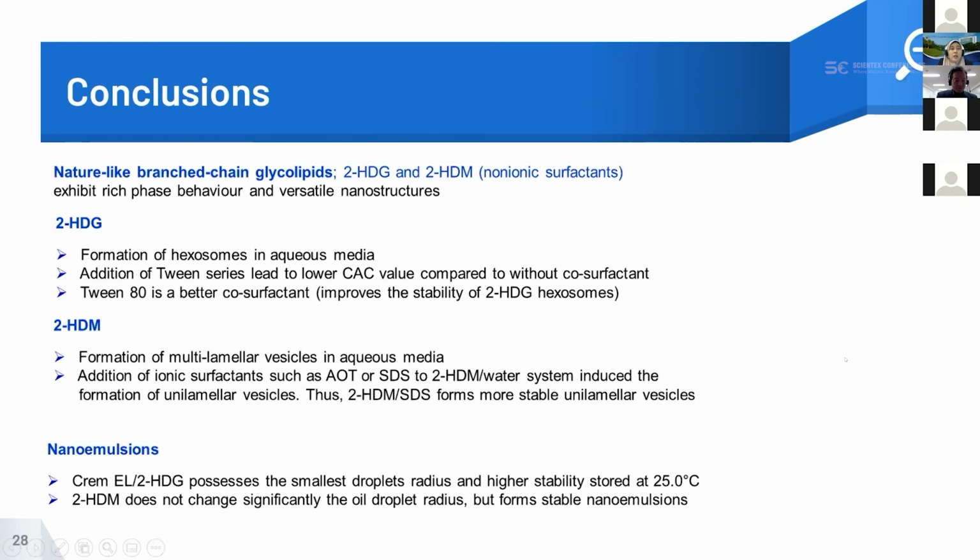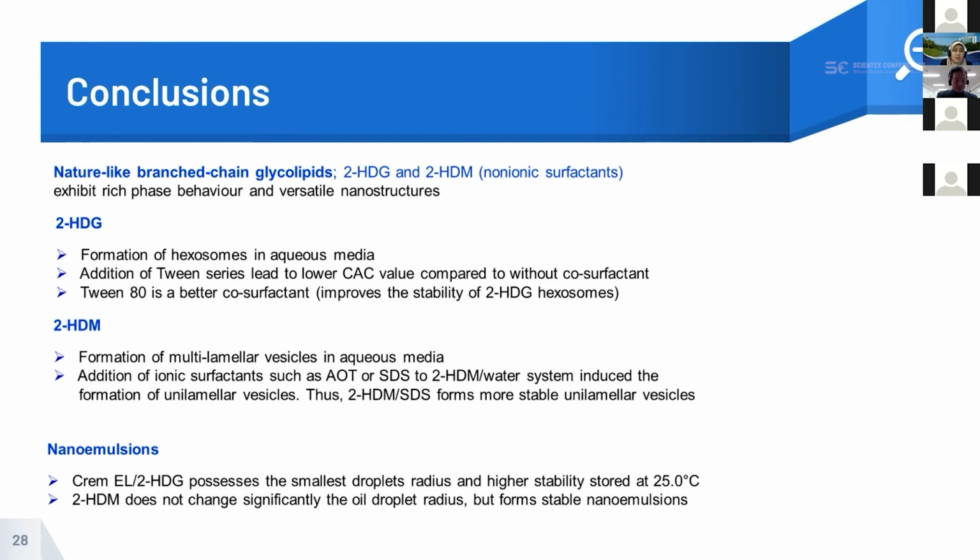So with this, I can conclude that the natural branching glycolipids 2-hexadecyl glucoside and maltoside exhibit rich phase behavior and versatile nanostructures, in which 2-hexadecyl glucoside forms hexosomes in aqueous media and further enhances the stability in the presence of the co-surfactant Tween 80, whereas 2-hexadecyl maltoside can form vesicles, further enhanced by the presence of anionic surfactant with unilamellar vesicles.